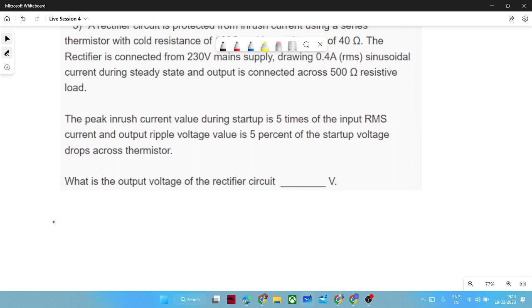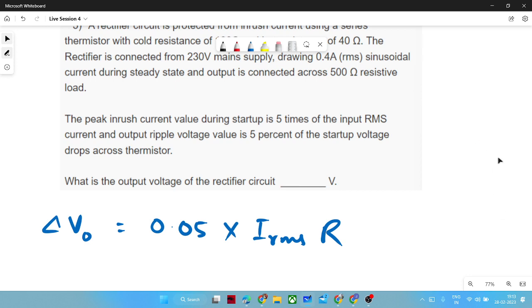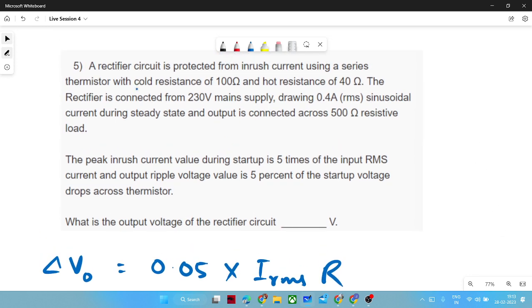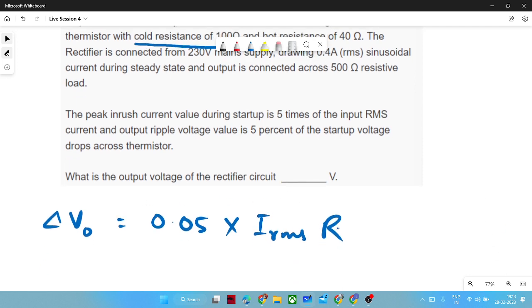It means your output voltage ripple will be 5% of whatever the drop I RMS squared into R at the startup. At startup, the resistance value will be the cold resistance, so that will be 100. So R cold, this much drop into 0.05, that is 5% of the startup voltage drop across the thermistor.